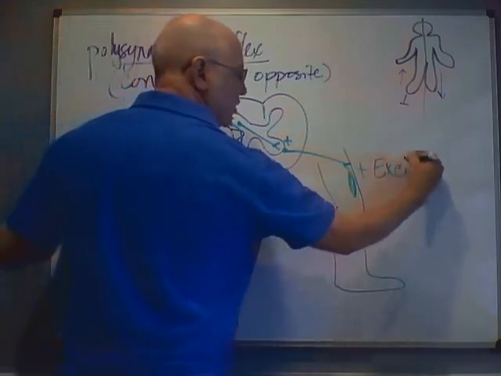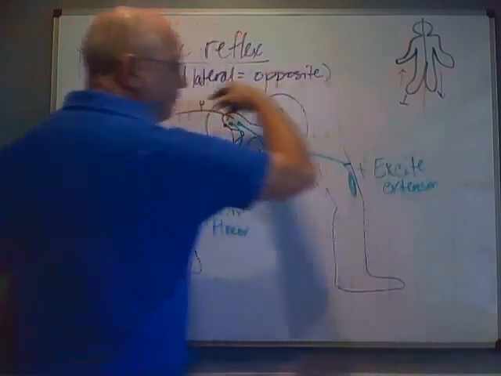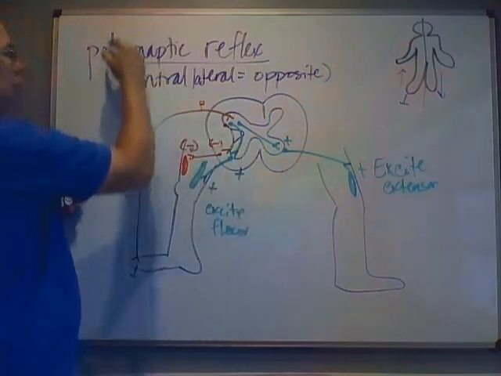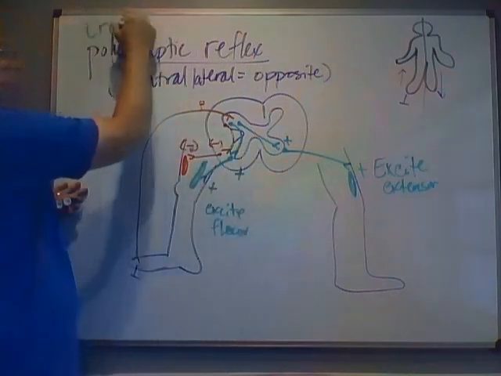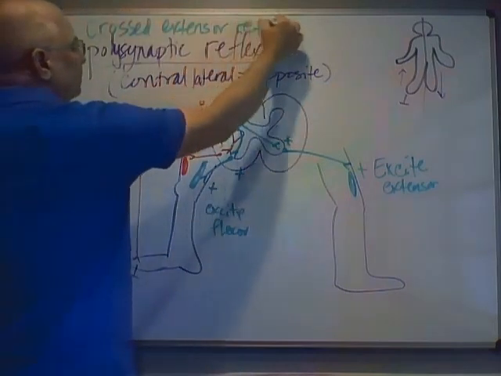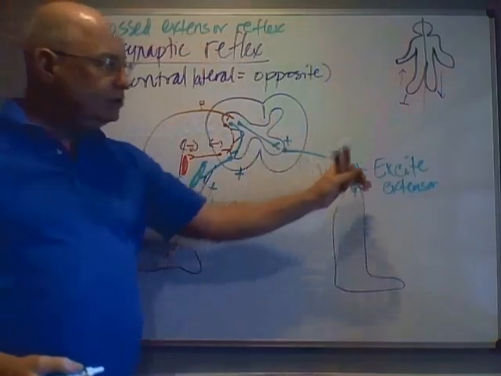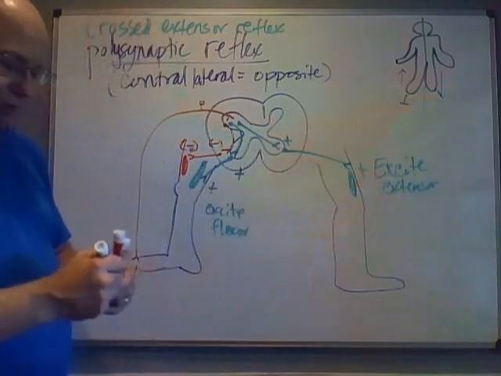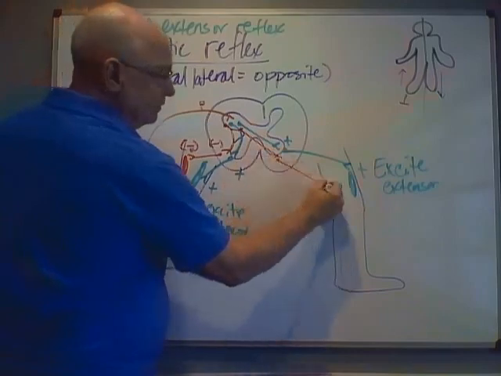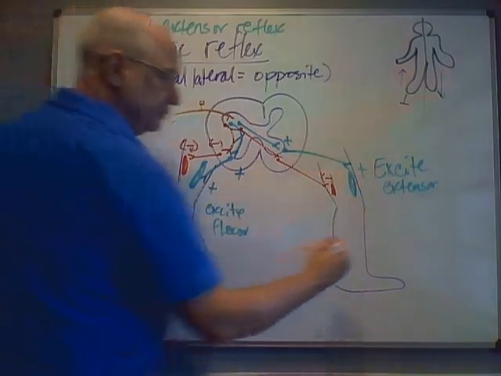This is why it's called a crossed extensor reflex. Because on the opposite side, on the contralateral side, I'm going to excite the extensor. So this is called the crossed extensor reflex. It is a polysynaptic reflex that is contralateral. I'm going to have extension on the opposite side of the damage. That means I'm also going to have to inhibit the flexor muscles on the opposite side as well.